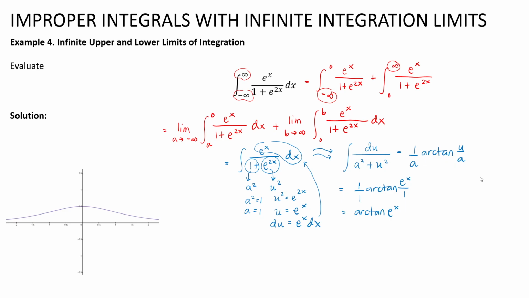So going back to the limits, this will now give us the limit of a approaches negative infinity of arctangent e raised to the power of x from a to 0, plus the limit of b approaches infinity of arctangent e raised to x from 0 to b.